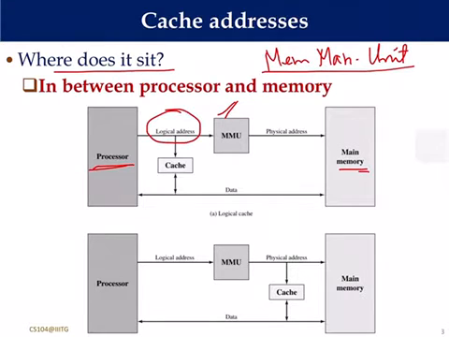But the main memory is using a physical address. So these two addresses are not the same, right? So there comes something in between. You need to convert this logical address to the physical address, and that is essentially done by this MMU, to be very short.